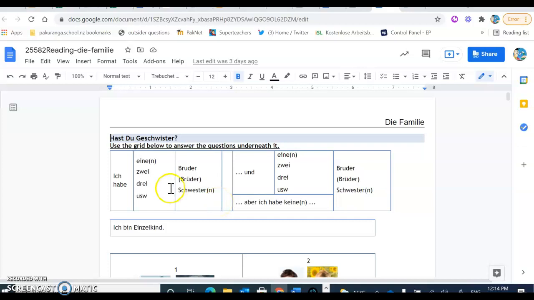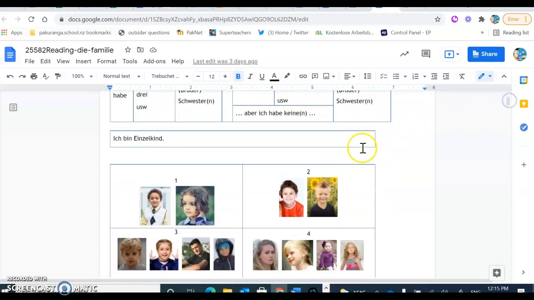Or if you got, ich habe einen Bruder und eine Schwester. Or ich habe keine, I have none. Right, now this is stuff that should have been covered in the previous couple of lessons, alright? So, ich bin Einzelkind means I am an only child.